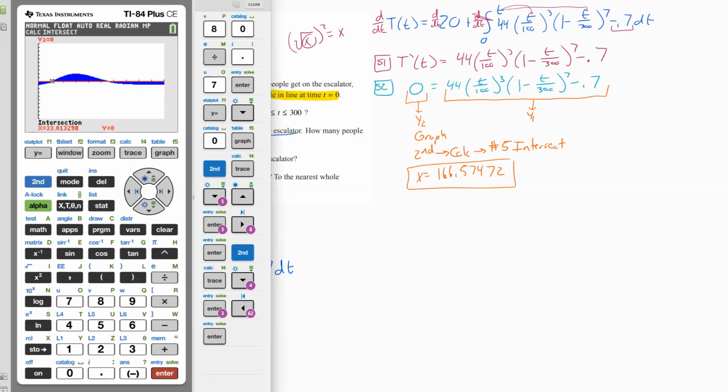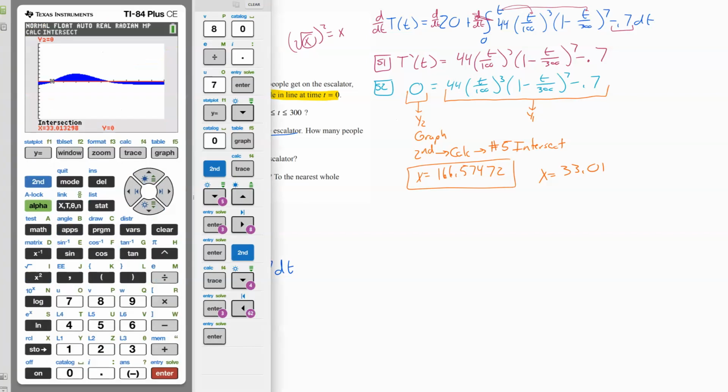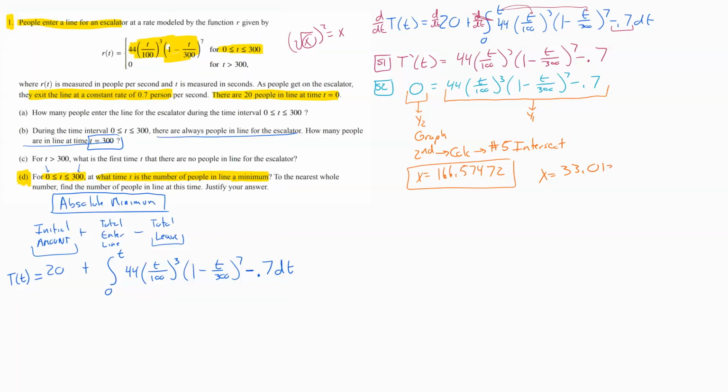And it gives me my second critical value, so x equals 33.013298. So these are now our 2 critical values. And we go on to step 3 of this process.